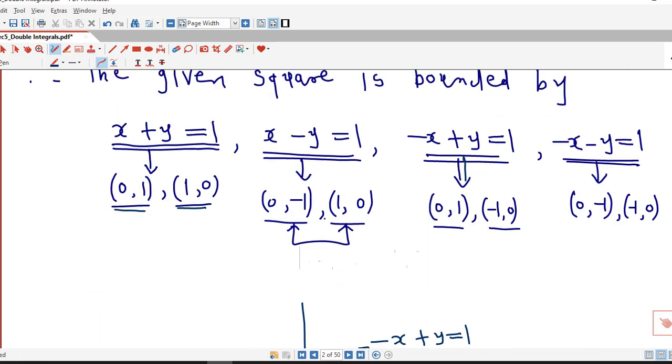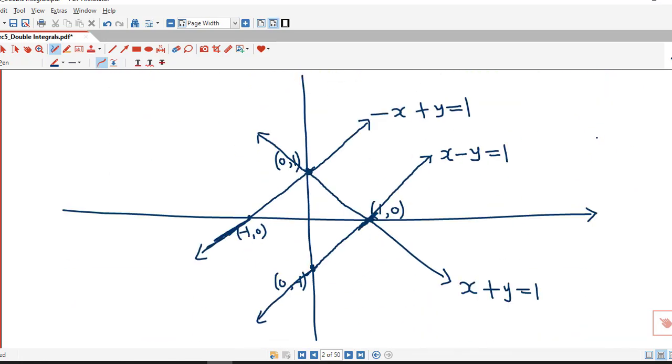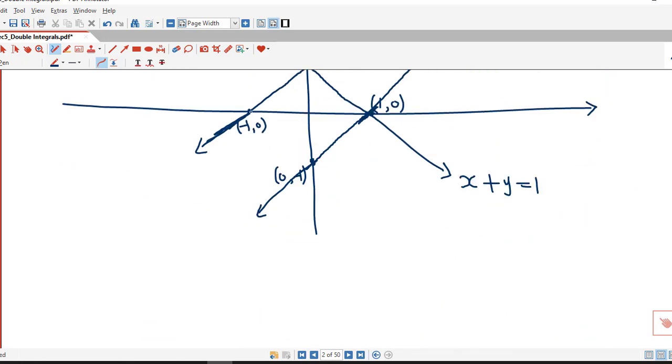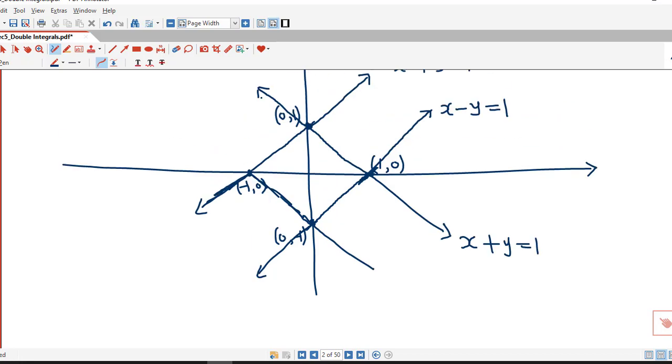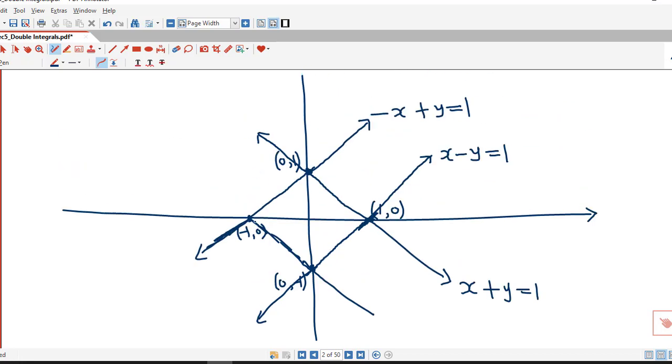And the last line is passing through (0, -1) and (-1, 0). It is minus x minus y equals 1. So (0, -1) is this point, and this is (-1, 0). So we consider the line joining these 2 points. So this is the line minus x minus y equals 1.